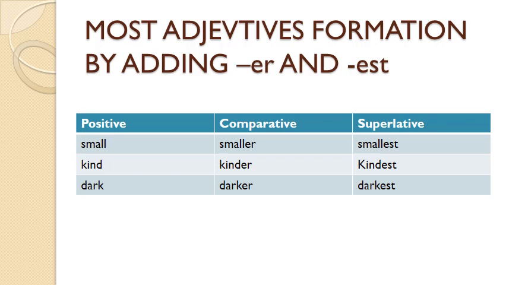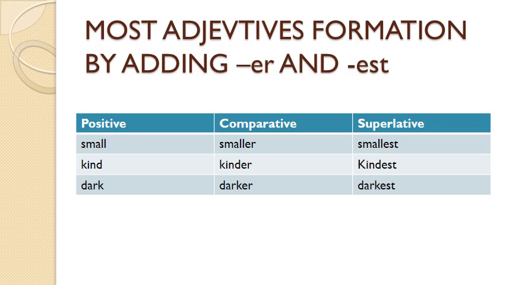Most adjectives form the degrees of comparison by adding er or est at the end of the positive degree. Suppose I am using the example small. Small is a positive degree.